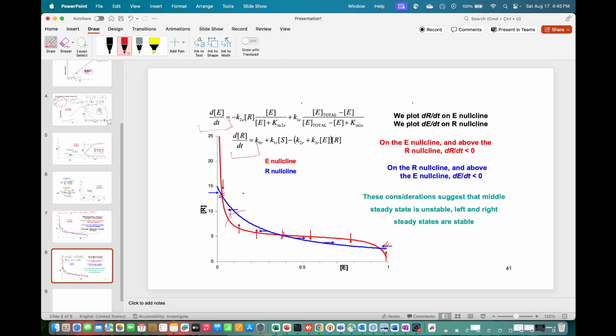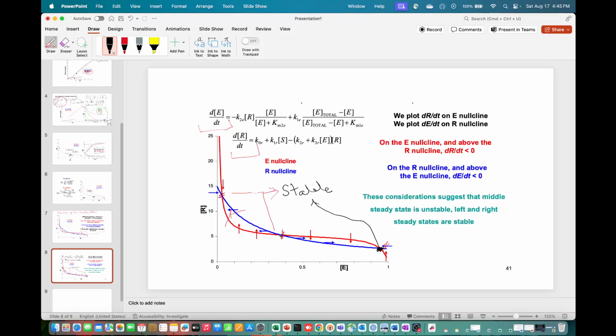So this will be a stable steady state. And if you notice at this part of the curve as well, this is another steady state. This is also stable because it is moving down and rightward. So it is bringing you closer to the steady state.